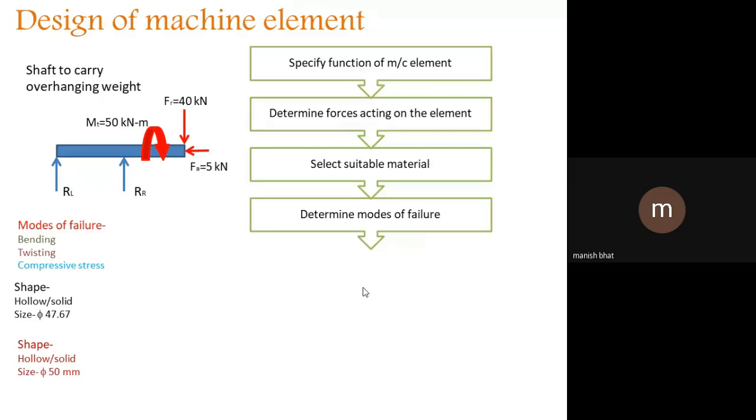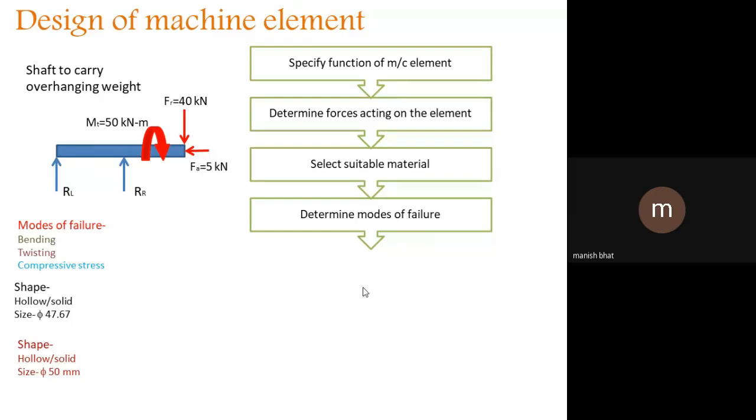If you consider a bar, and many people are pulling the bar downward, what happens? The bar will bend, and it will be of no use to us. So we say that it fails due to bending.